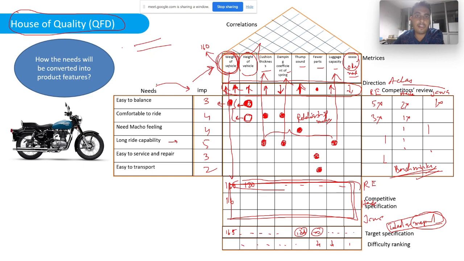In a more graphical way. See, imagine I can write this in a tabular format. So you have weight, height, cushion, damping. Now ideal value, which is basically what you set after your analysis, competitor review and competitor specification. Okay, 160, height is 120, cushion is 30, like that.